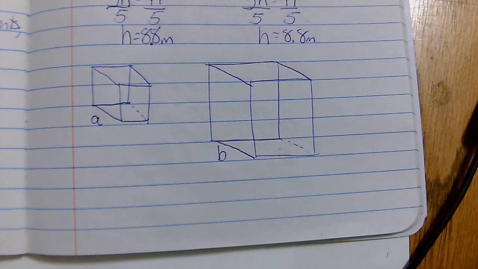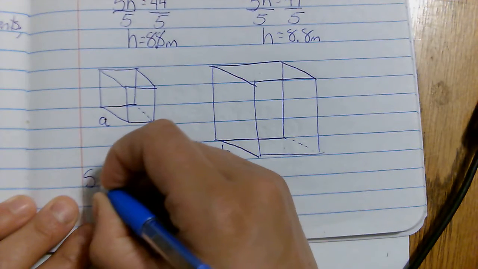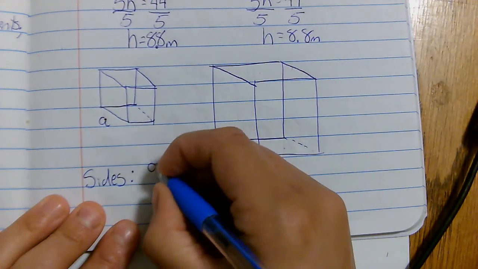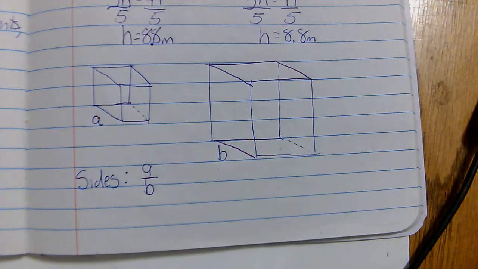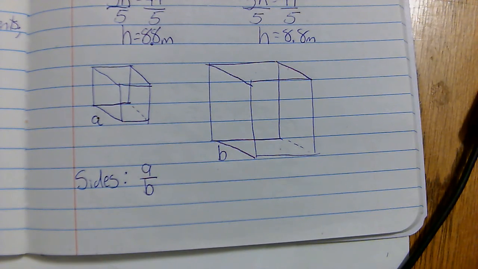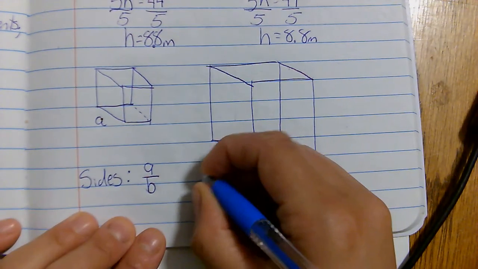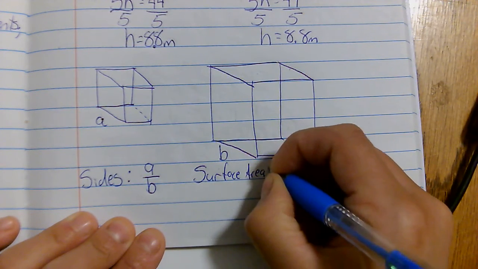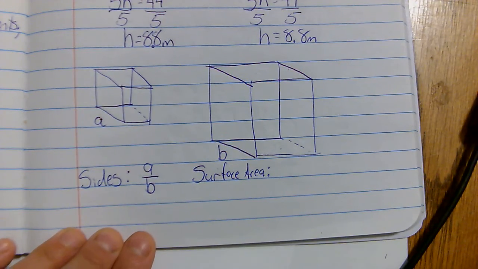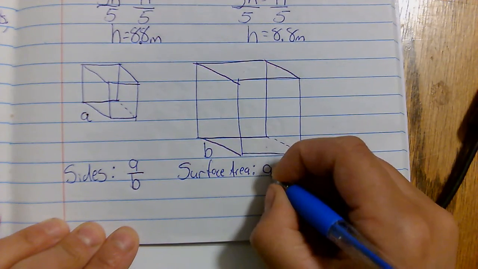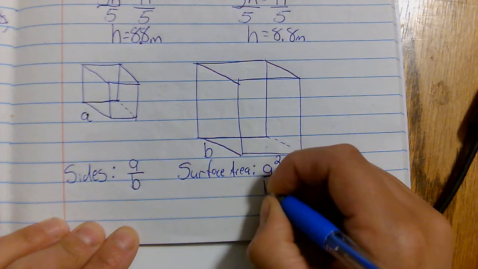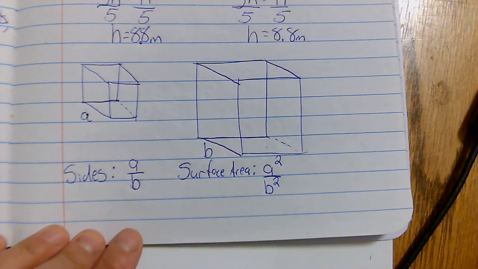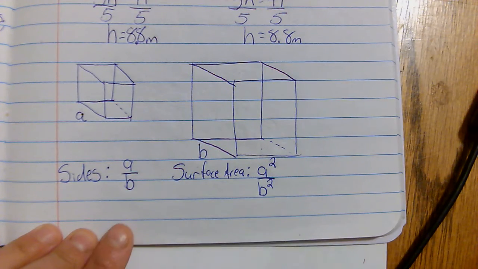If I'm comparing the sides, the ratio will always be A to B. If I'm comparing surface area, the ratio will be kind of similar, but it will be A squared over B squared. Because remember, when we do surface area, it's always the unit squared.